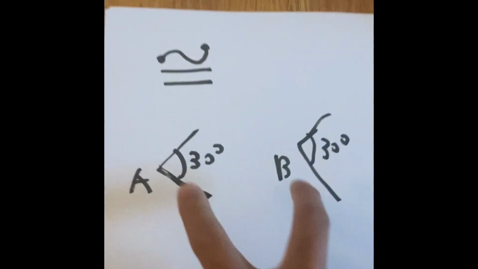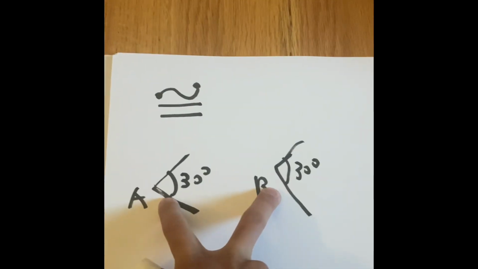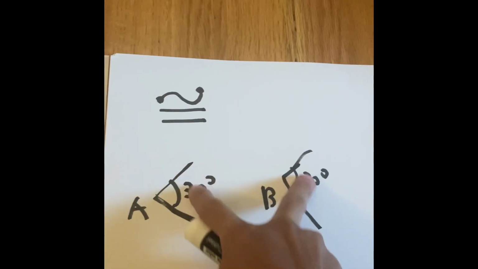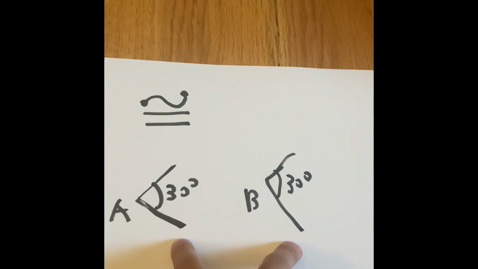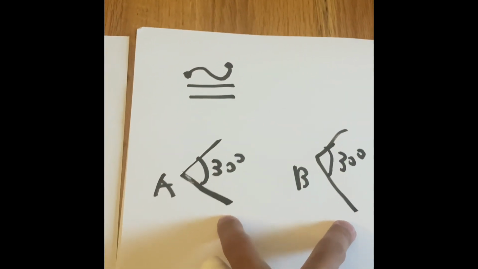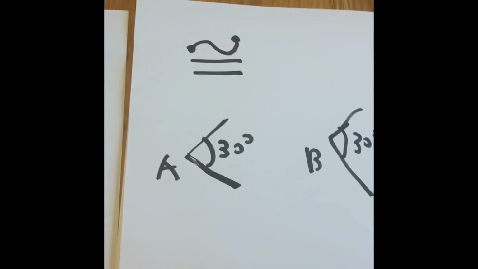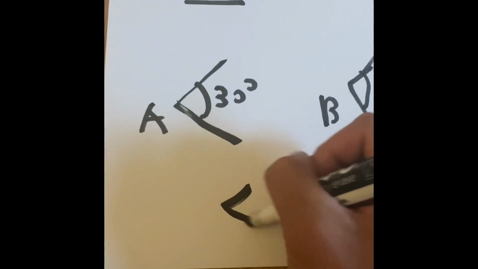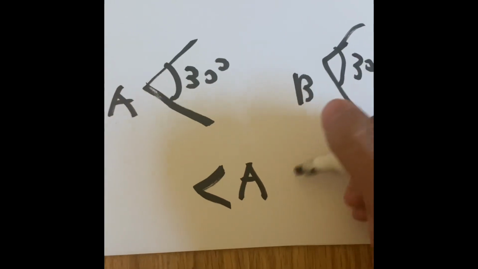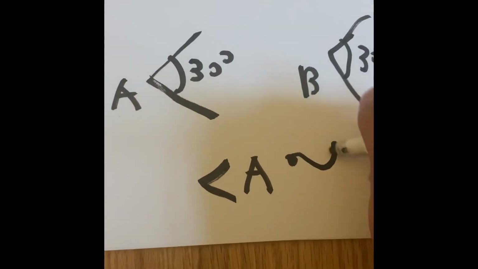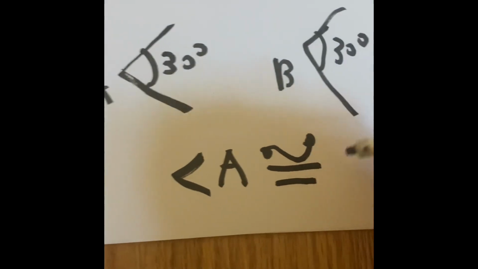So, two angles that are the same width can be congruent. We can say that angle A is congruent with angle B.